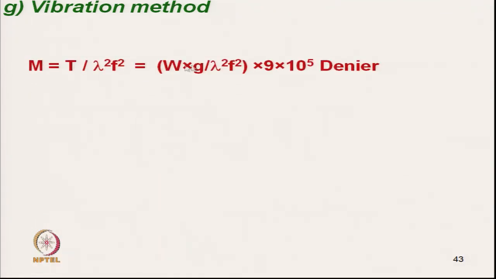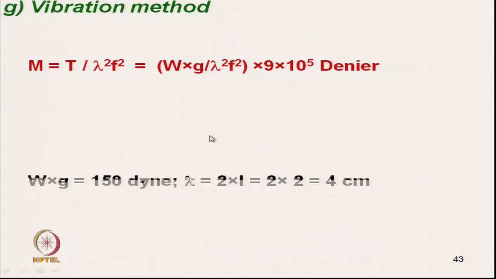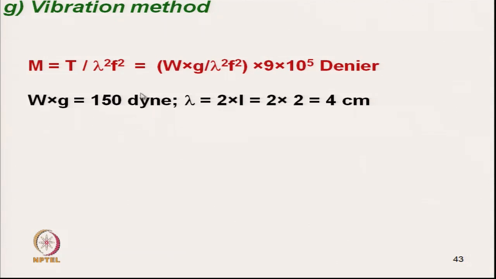This is the formula for denier, as we have known. Wg is nothing but the dyne, and this is the length. Lambda is equal to twice L, so it is 4 centimeters, and frequency f is 1 kilohertz, 1000 hertz.